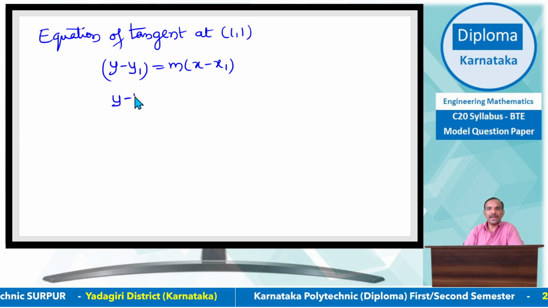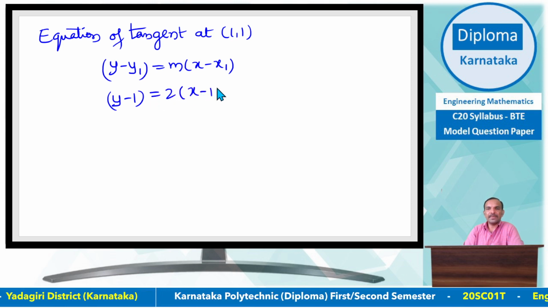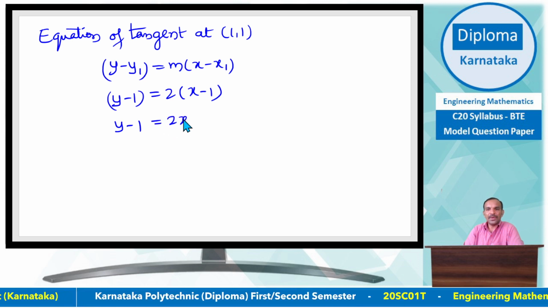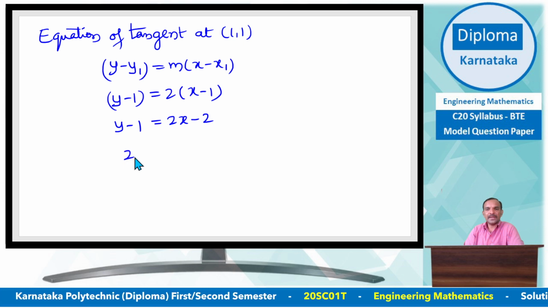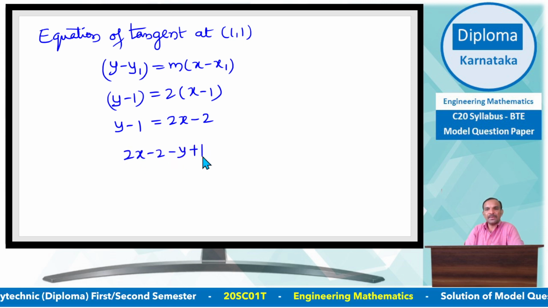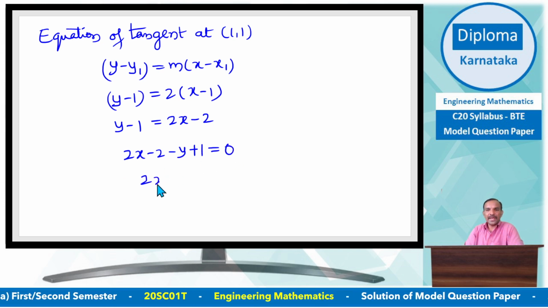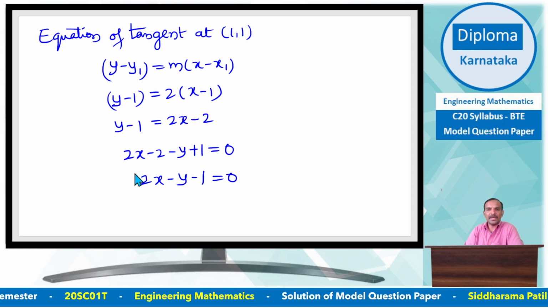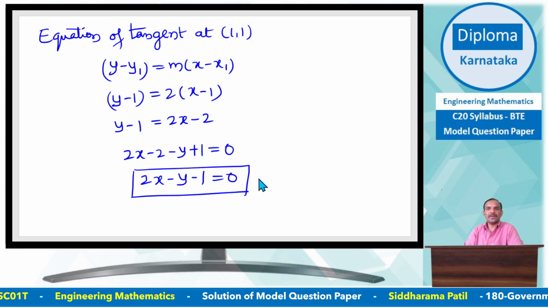Y minus 1 equal to 2 into x minus 1, that is y minus 1 equal to 2x minus 2. Now take to the right side, that is 2x minus 2 minus y plus 1 equal to 0. That is 2x minus y minus 1 equal to 0. This is the required answer for the tangent.